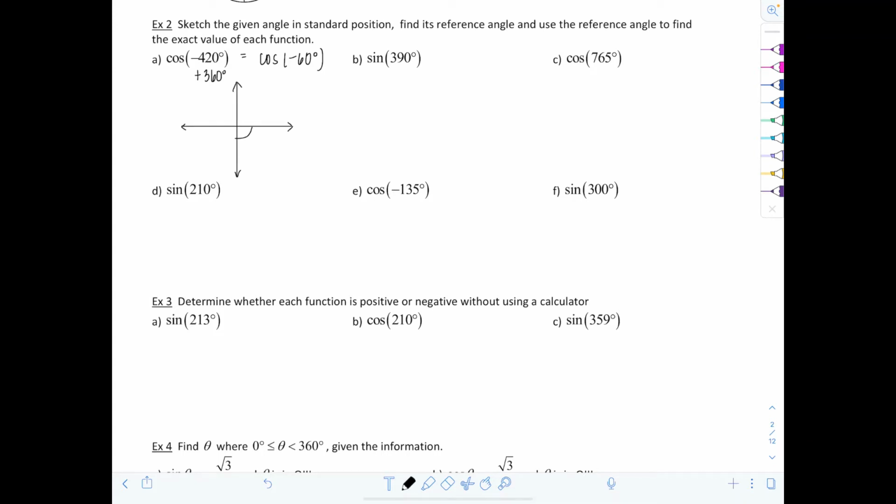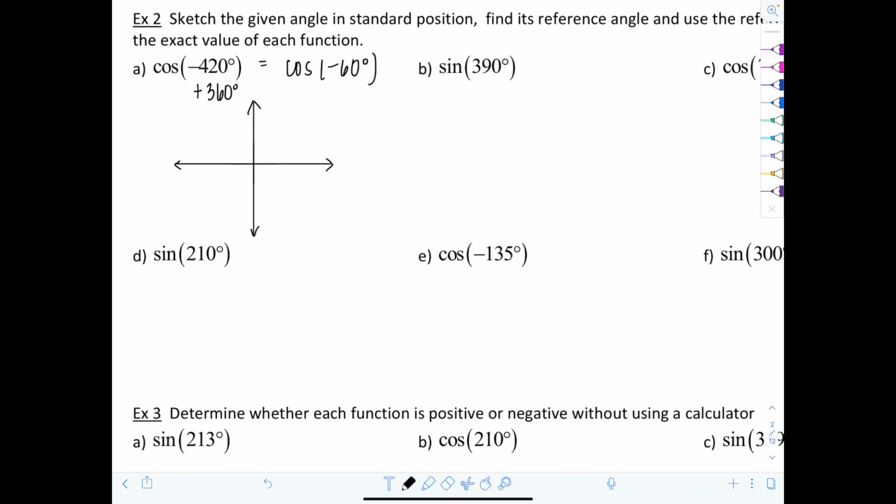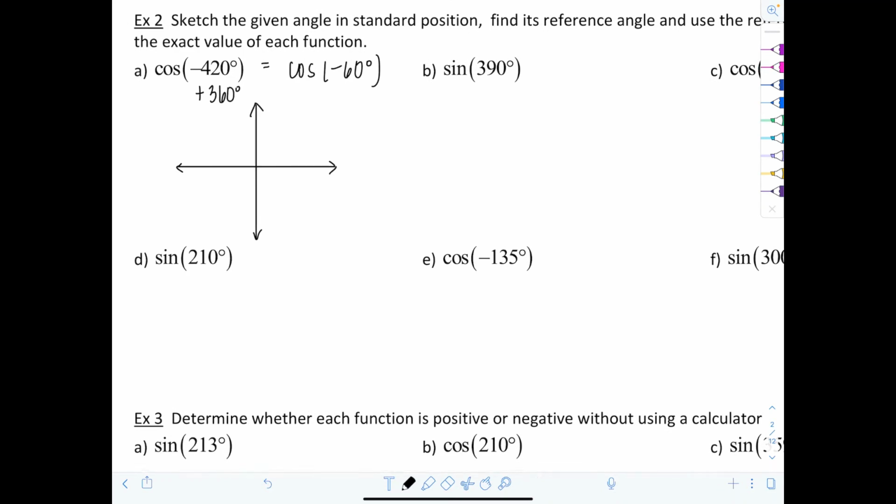So we spun around once, that's negative 360, and then we kept going negative 60 more. So I just added 360, that way I don't even worry about that extra loop-de-loop, because it's not going to affect anything when I'm trying to figure out the value of cosine for that angle. I'm just simplifying it. Remember, cosine of negative 420 and cosine of negative 60 are coterminal, so the value will be the same.